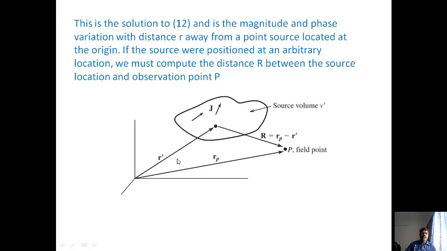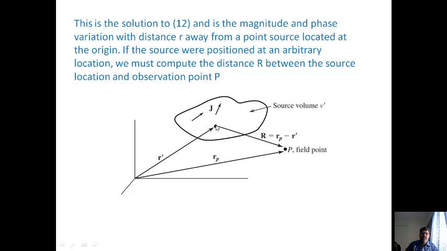Normally the symbol prime is used in the electromagnetic domain to represent quantities which are related to the source. And another position vector, rp, represents the position of the field point of interest p with respect to the origin.